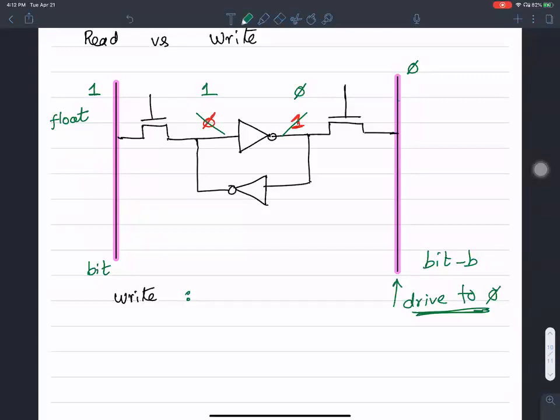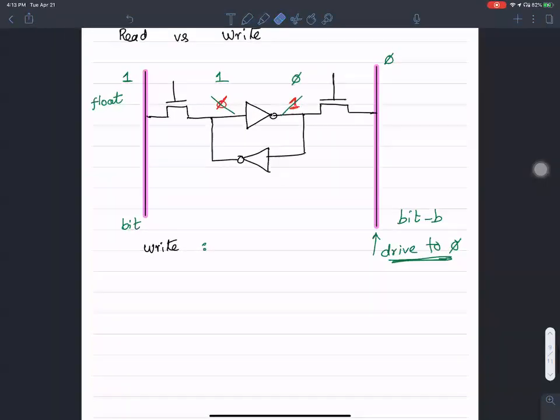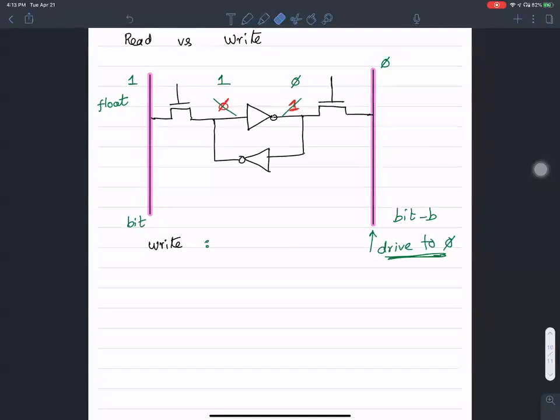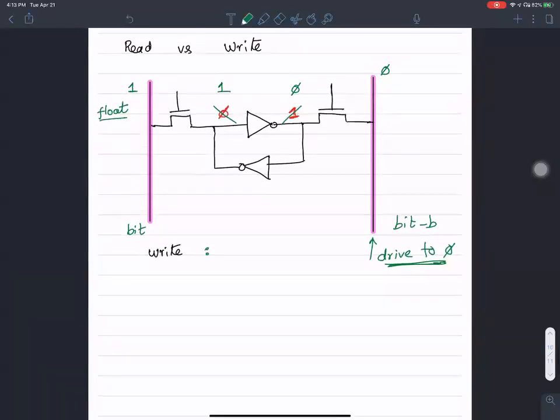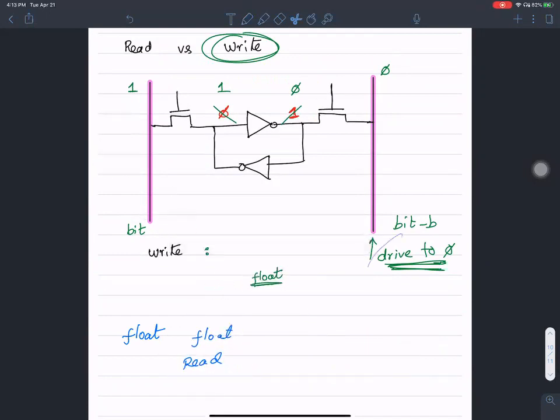Instead, if you charge it to ground or connect it to a power supply, that is driving. So without getting lost in a maze of words, when you float and drive, that's a write operation. On the other hand, when you float and float, it's a read operation. So float and float is read, float and drive is write.